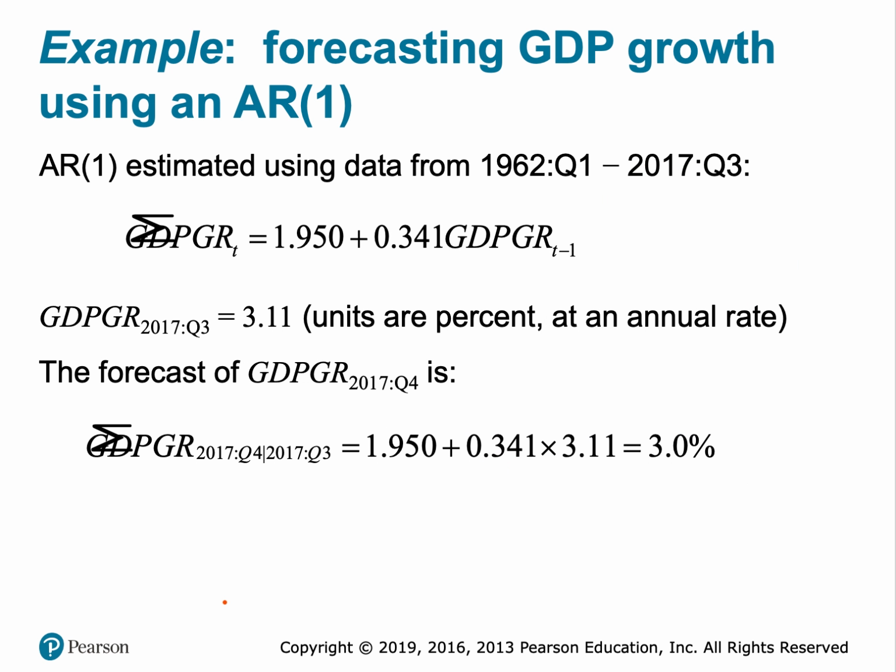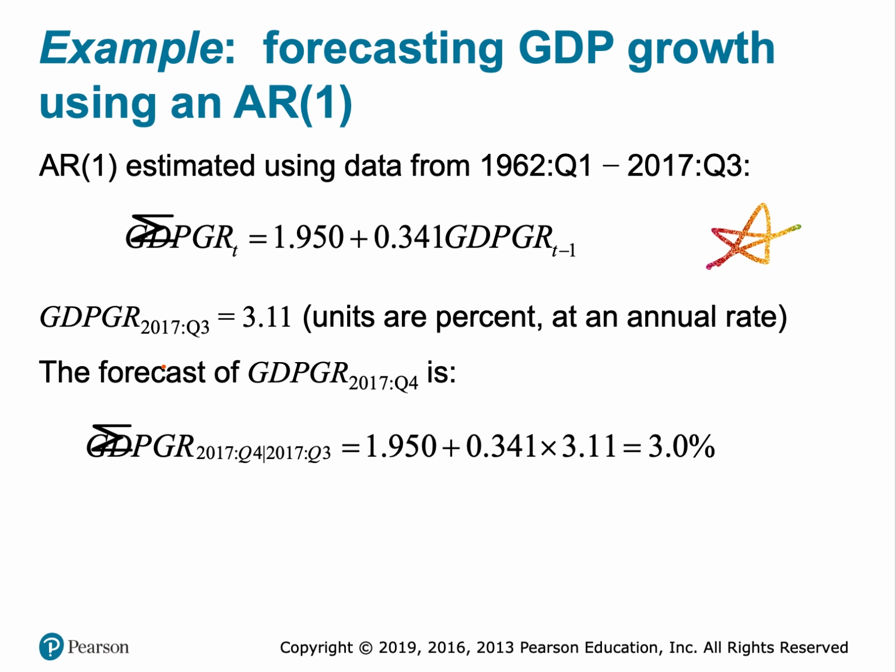Let's look at a prediction. The AR1 was estimated using data from 1962 quarter 1 through 2017 quarter 3, and this was the model that we estimated. The growth rate in 2017 quarter 3 is 3.11%, units are percent at an annual rate.